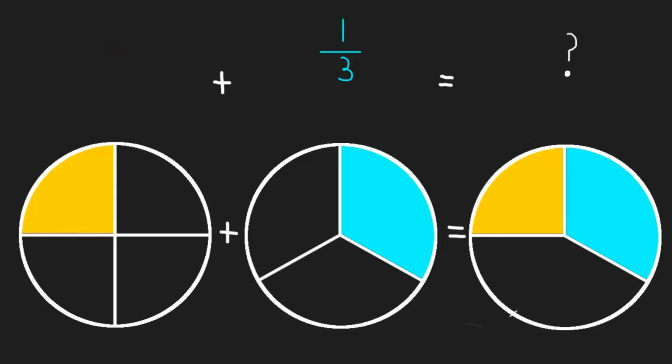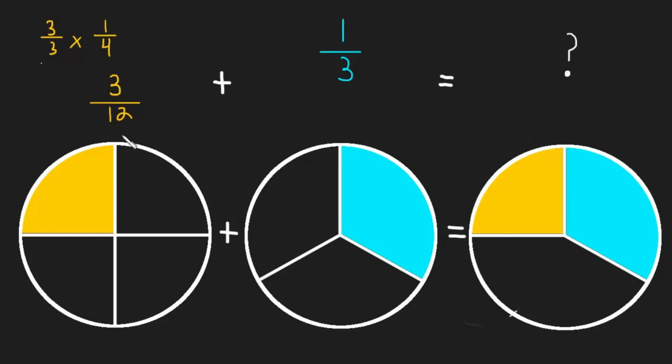So we have 3/3 times 1/4. 3 times 1 is 3, 3 times 4 is 12. Now, we already talked about in a previous video, when we multiply by a number over itself, that's the same thing as multiplying by 1, so it doesn't change the fraction.